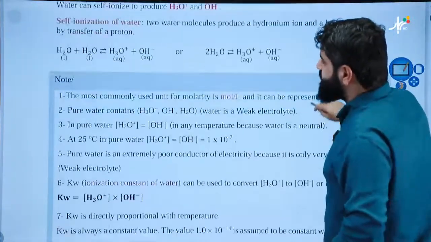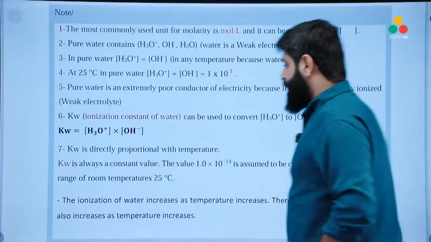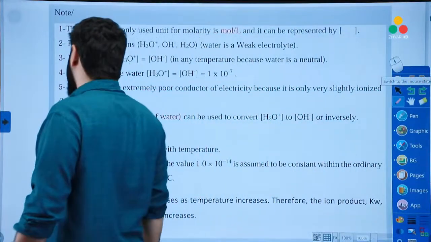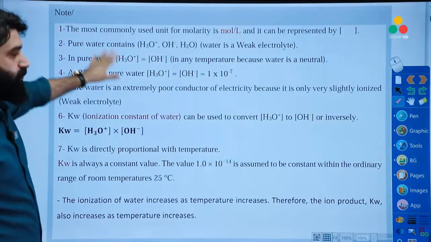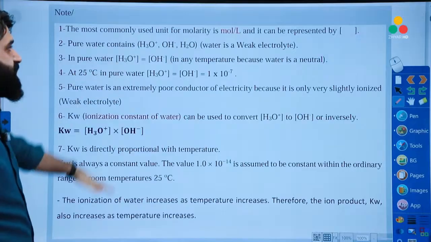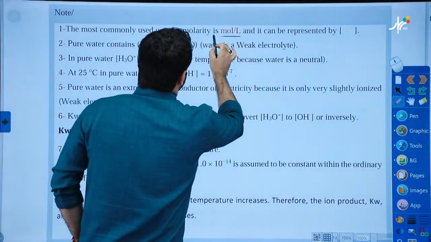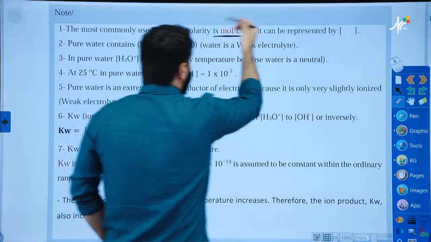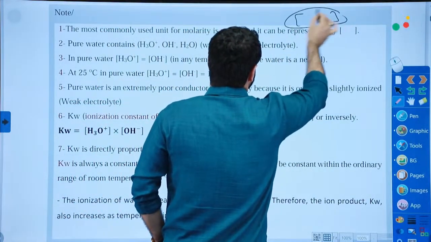We have some general notes about the concentration of hydronium and hydroxide and ionization of water. You should know this part is very important, so please be careful about these notes. The most commonly used unit for molarity is mole per liter, which can be represented by two big brackets.